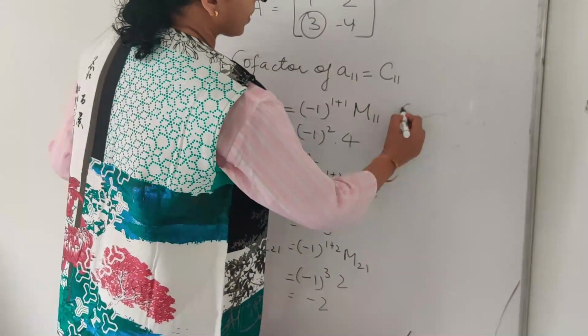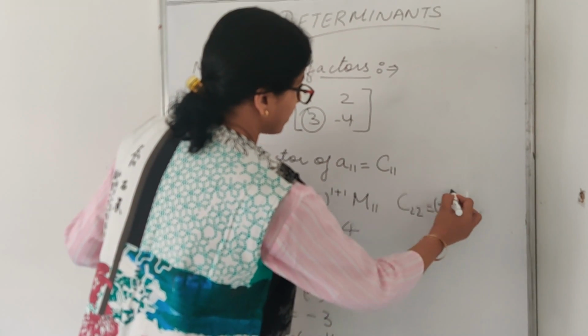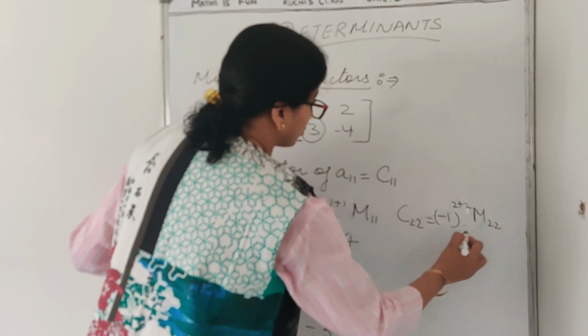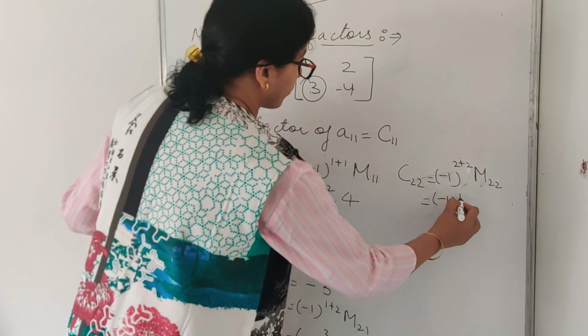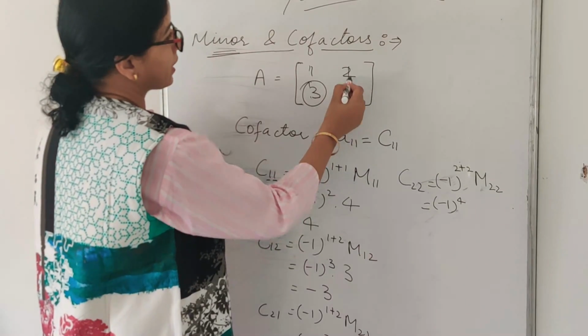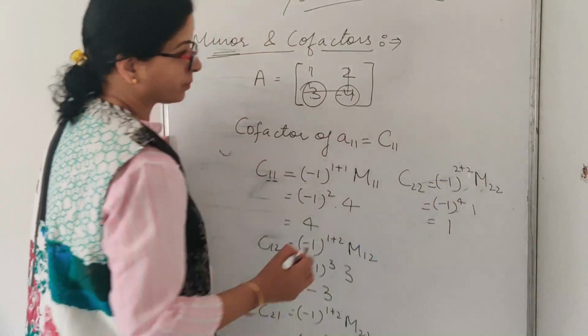Okay. Now what is C22? Again minus 1 to the power 2 plus 2, M22. Okay. So minus 1 whole 4. M22 is what? Leave the corresponding row and column. What is that? 1. So it will become 1.